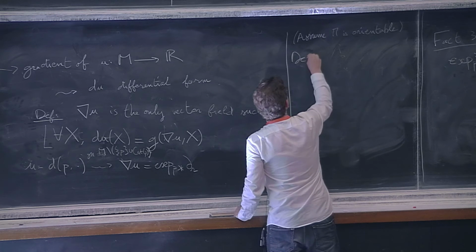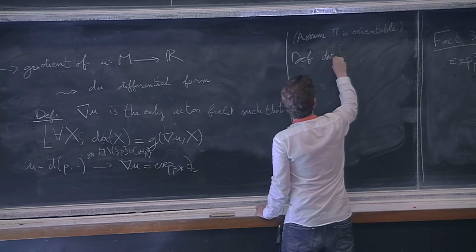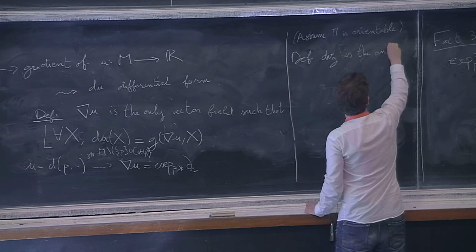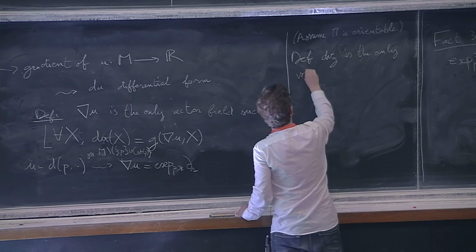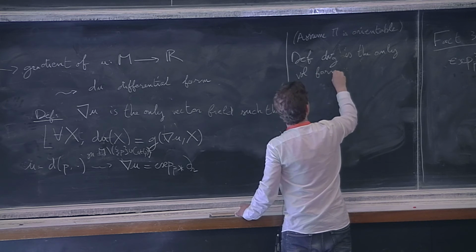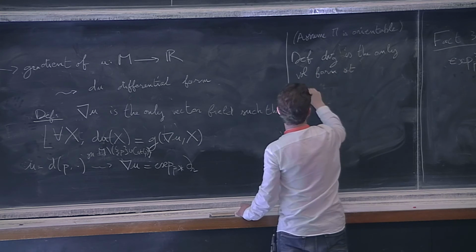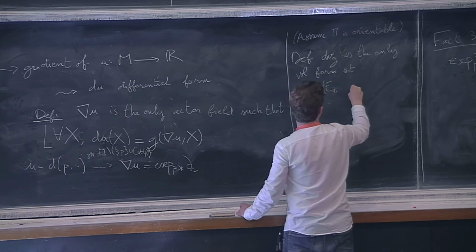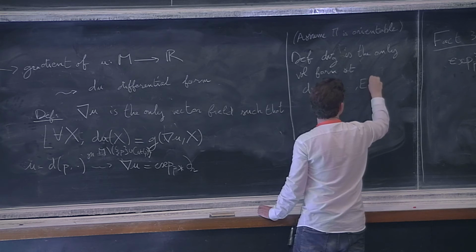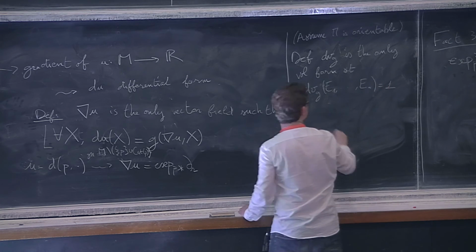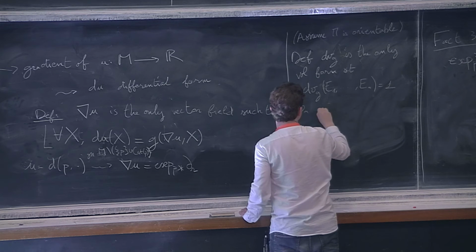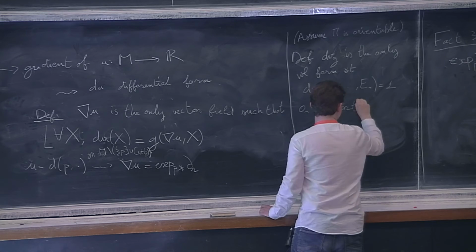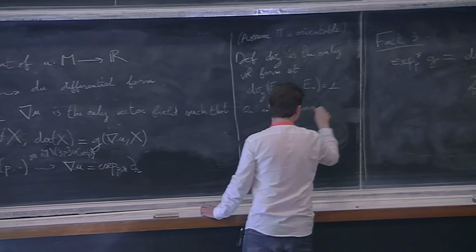So, definition: dVg is the only volume form such that dVg of E1, ..., En is equal to 1 on any orthonormal basis, or frame field actually.